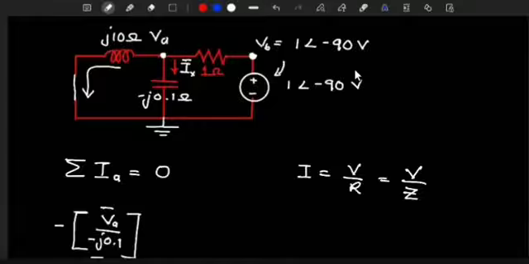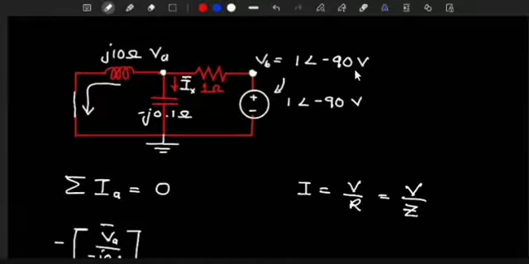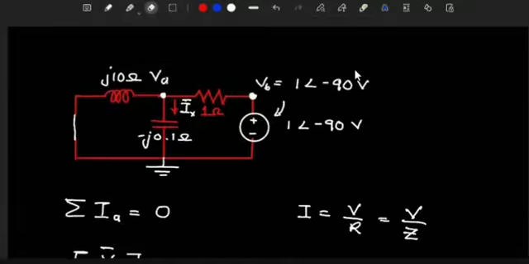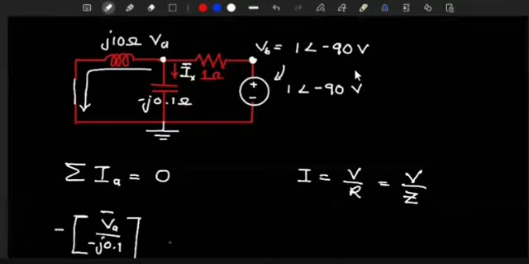Next up, the J10 here. Again, we're assuming current is leaving that node going to the ground. So since it is leaving, we're going to take it as positive or negative? Negative.